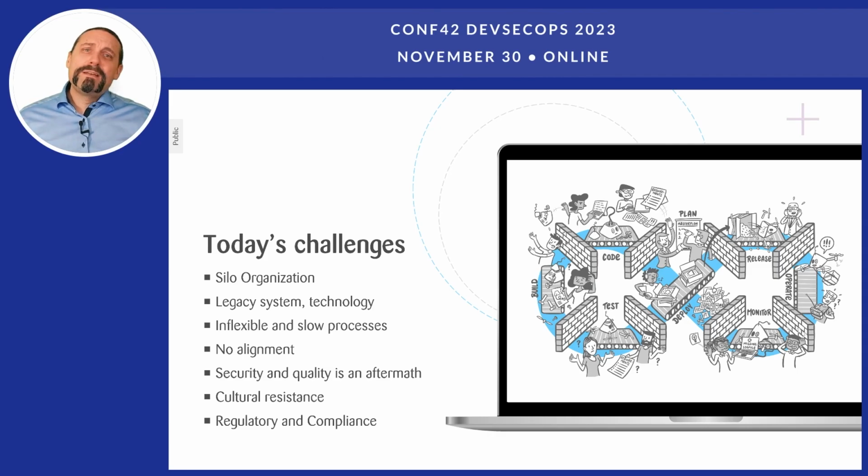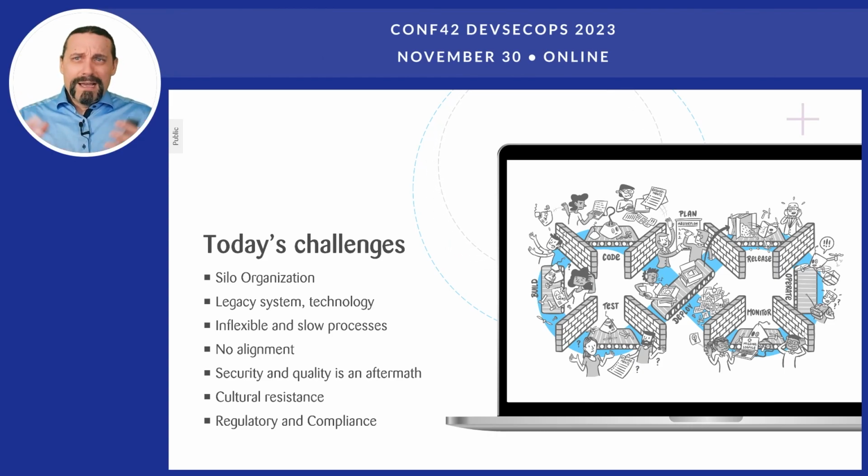And you can see in this picture, this blue line there, this is the value stream, and the value stream is broken by these walls of confusion, and they are coming from the silo organization. We have the business, development, QA, and operation silos. Usually also have quite a lot of legacy systems, technologies, and this all leads to inflexible and slow processes.